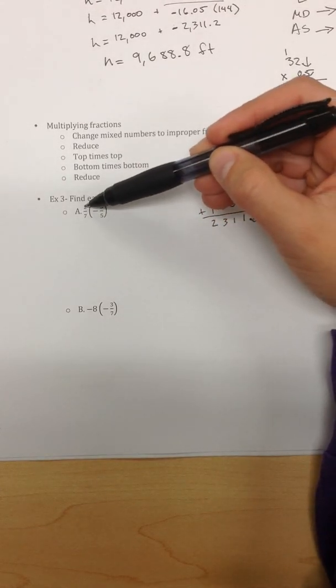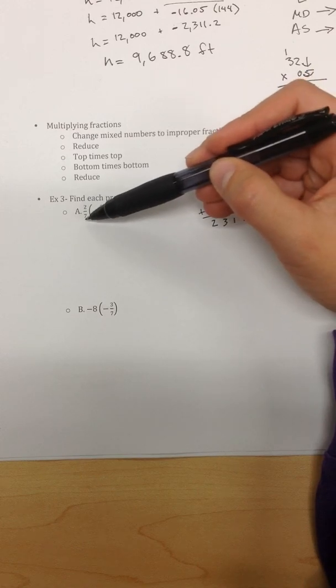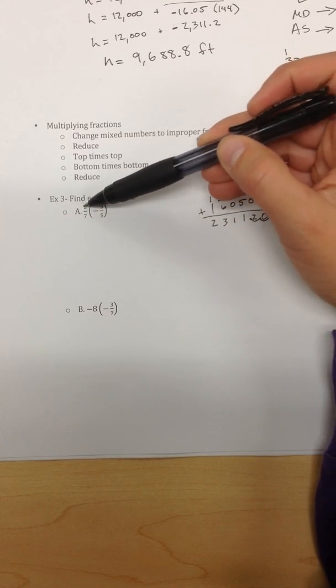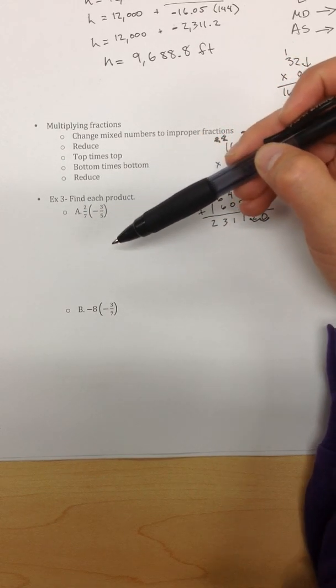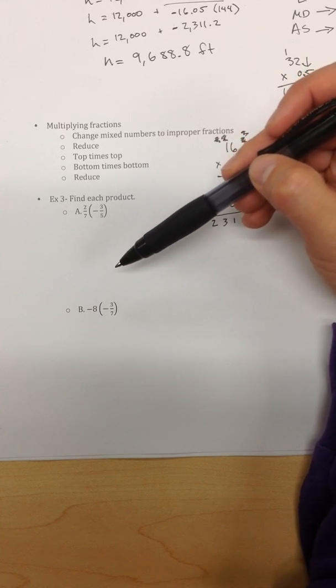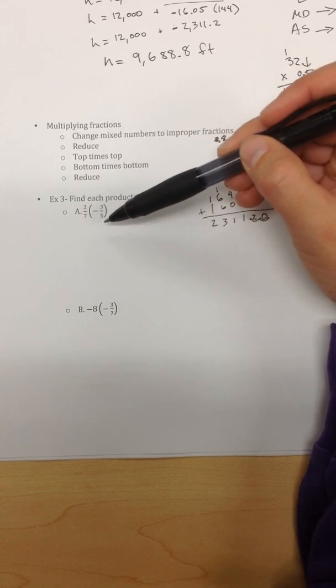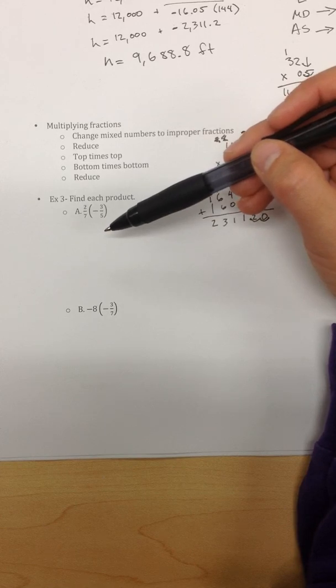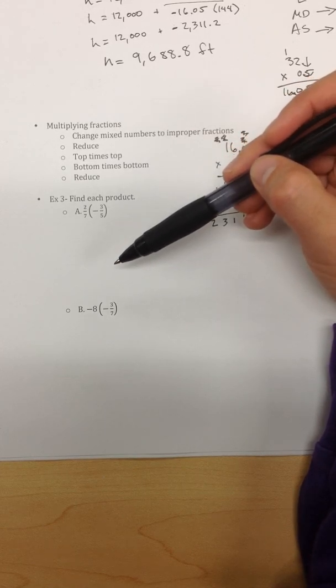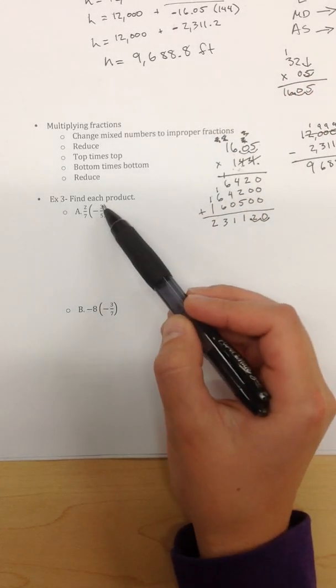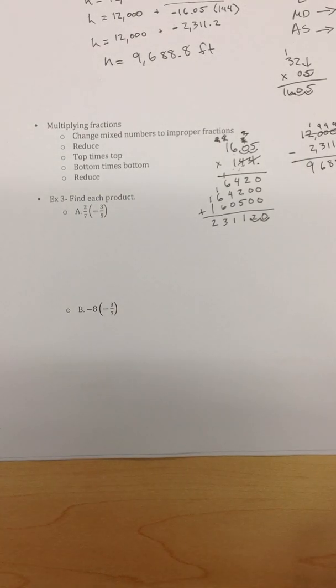So I'm looking at the 2 and the 5 and the 3 and the 7. If I'm comparing the 2 and the 5, is there a number I could pull out of both of those? Well, 2 is prime and 5 is prime, so there's nothing I could divide both of those by to make them smaller. Then I check the 3 and the 7. Those are also prime, so there's nothing I can pull out of those either. So there's nothing I can reduce there.